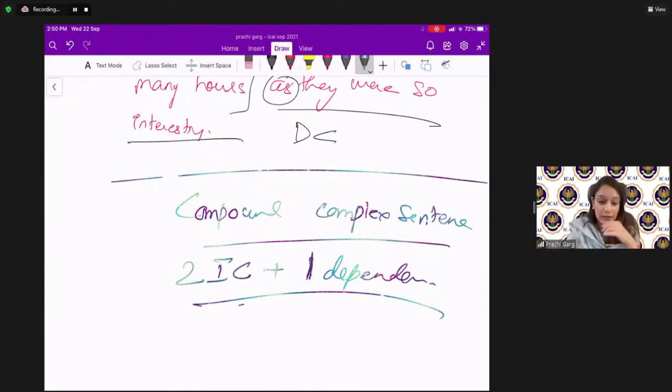Okay, so Rangna has a doubt where she asks that in the complex sentences topic, the last example says, I think that you should ask him personally if it is convenient for him before you call on him, right? So there is one main clause with three subordinate clauses because I think is the main clause here.